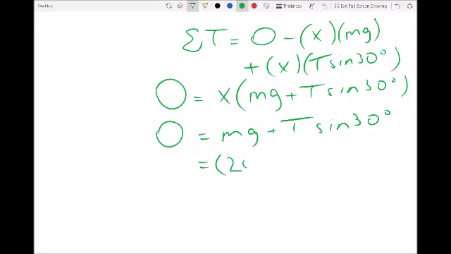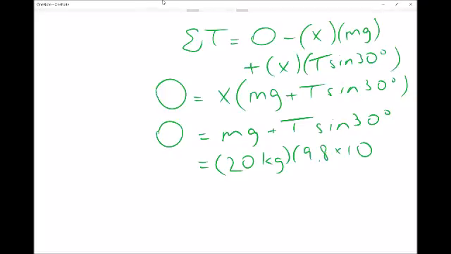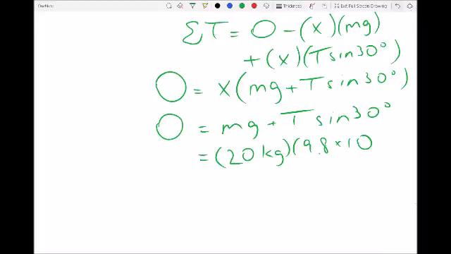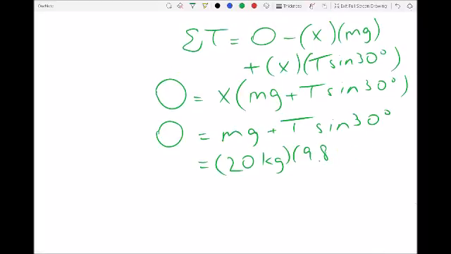And since we know what the weight is, we'll just plug in our mass and then our gravitational acceleration given, which is 9.8 meters per second squared, plus T sine 30 degrees.